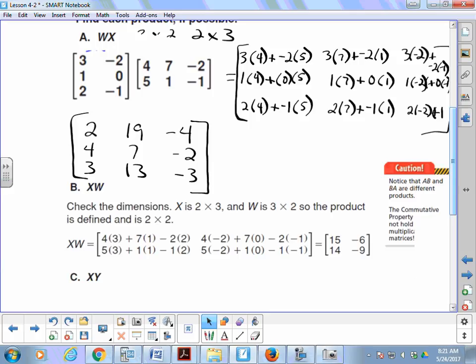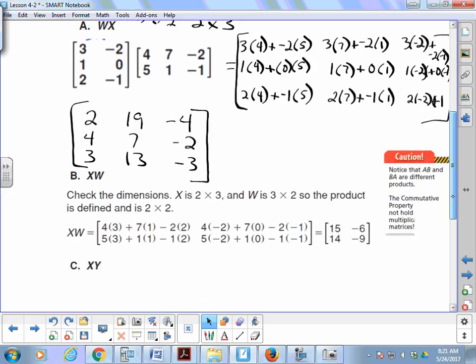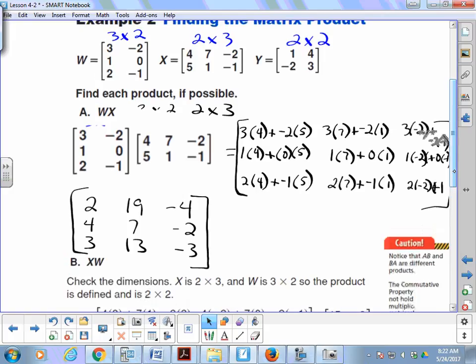All right. How about X times Y? So we check the dimensions first. Two by 3 is X. 2 by 2 is Y. Those we can't multiply, because the middle number is not the same.